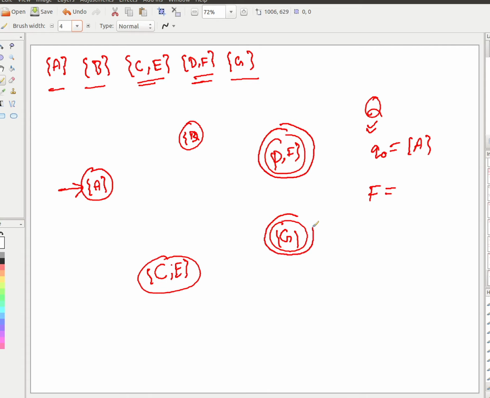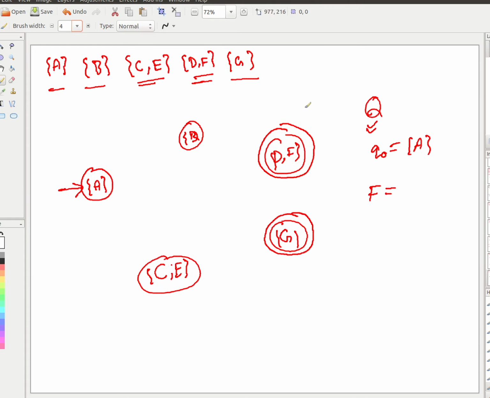But one interesting thing is that when you have one state in a block as a final state, all states in that block will be final states, right? You will never have a case that a block has a final and non-final, because why? They are distinguishable, so they can never be equivalent to each other. So therefore, any block that contains final states becomes final.